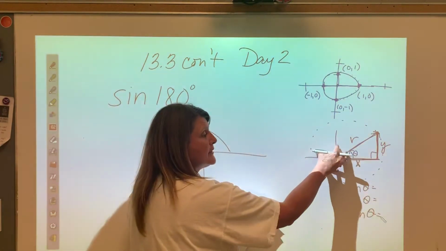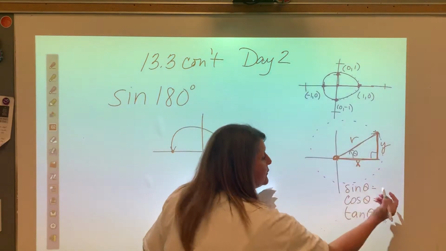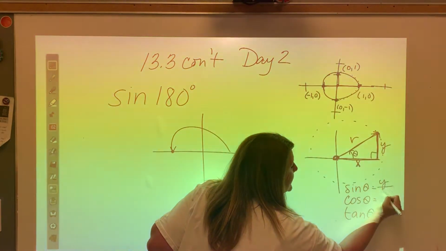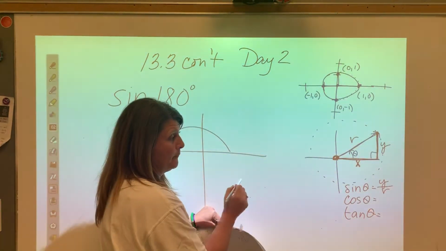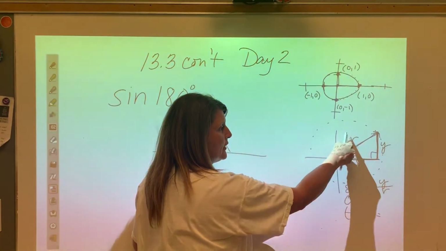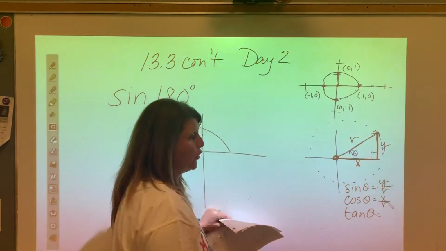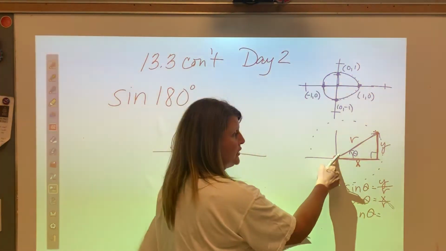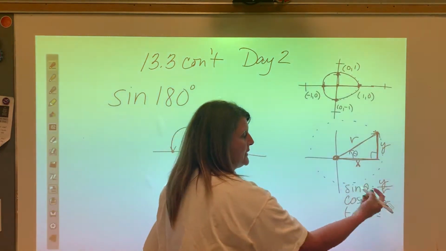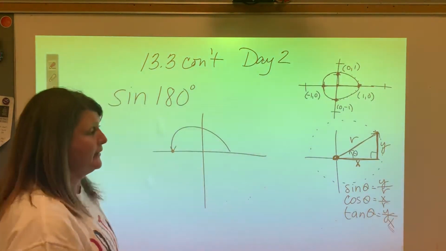Sine is still opposite over hypotenuse, which gives me y over r. Cosine of this angle would be adjacent over hypotenuse, which would give me x over r. Tangent would be opposite over adjacent, which is where I get y over x.